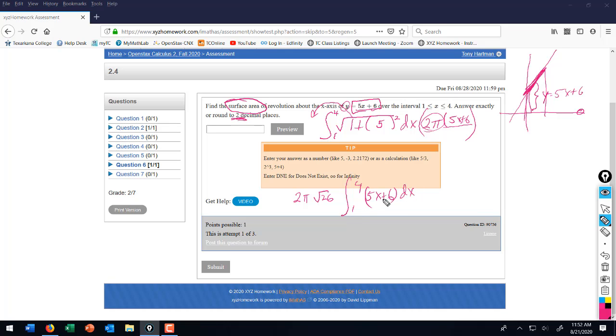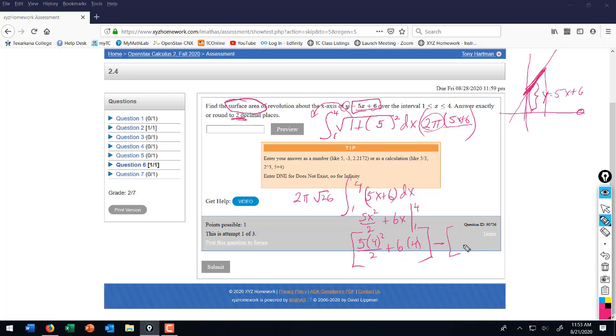The integral of 5x by the power rule would be 5x squared over 2. And the integral of 6 would be 6x. Substituting a 4, that would be 5 times 4 squared over 2, 6 times 4.